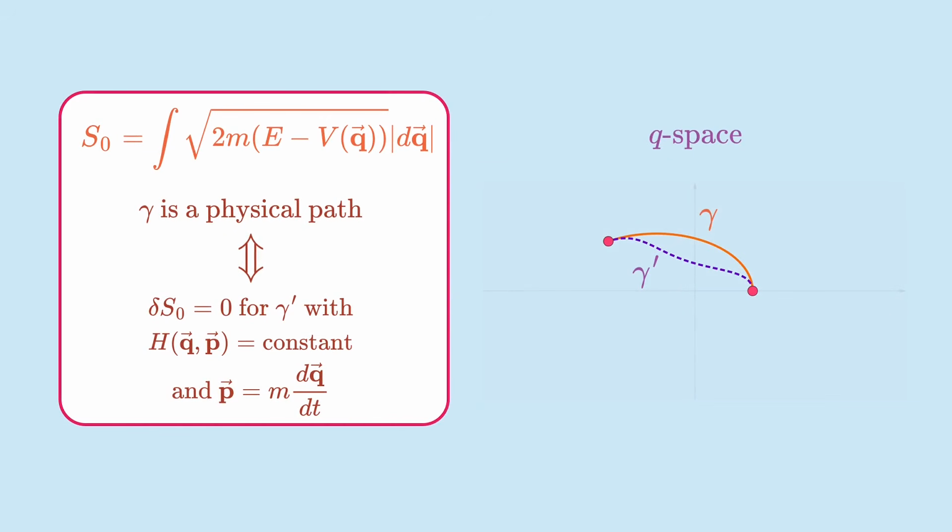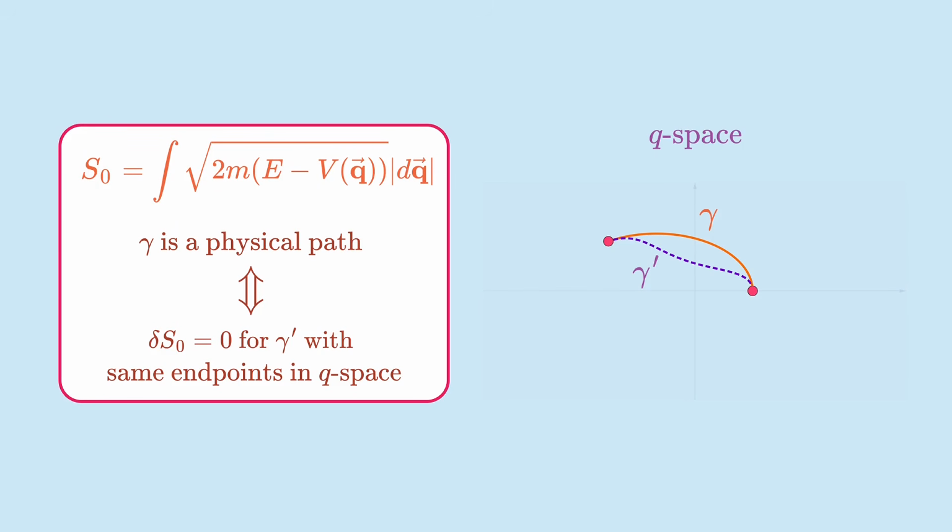Now that the integrand is fully in terms of Q, we can replace this statement by just considering the variations with the same endpoints in Q space. This is how we can determine the trajectory in Q space.